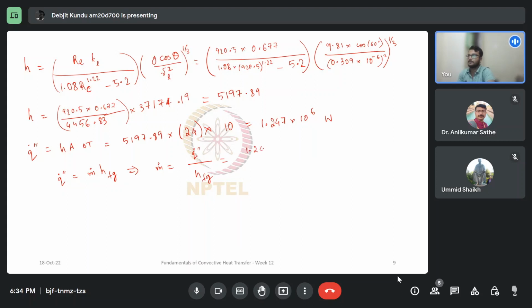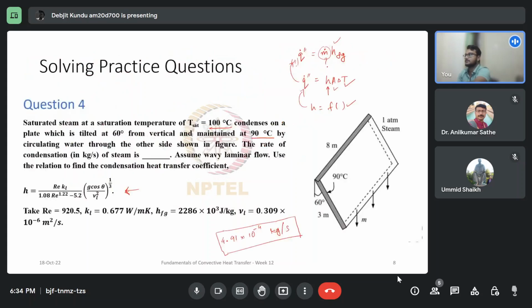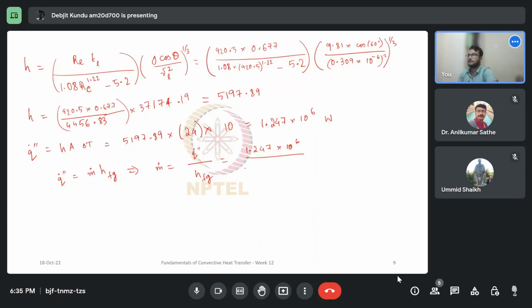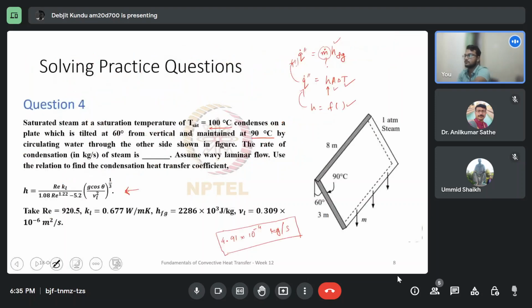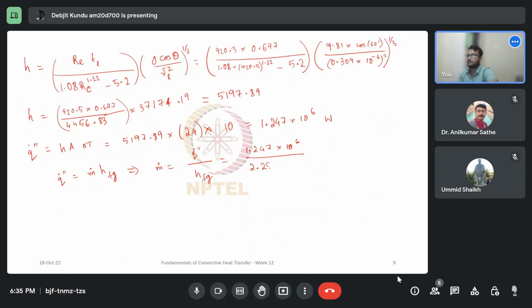So this was found out to be 1.247 into 10 to the power 6, and HFG we know is 2.286 into 10 to the power 6, in kg per second. So 10 to the power 6 goes away, and 1.247 divided by 2.286, I reckon it is something around 0.5. So yeah, M dot is around 0.545 kg per second.